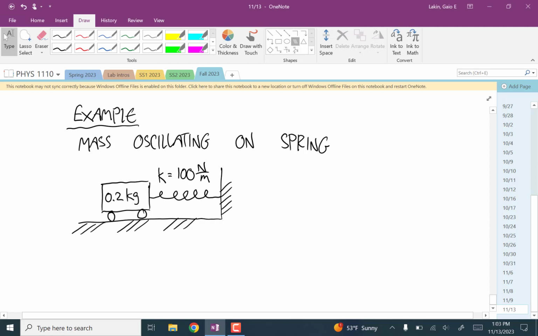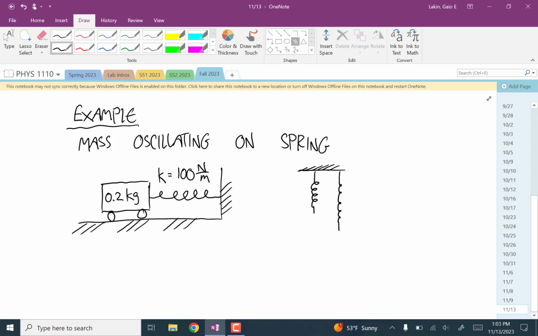So the way you would do that is, if that's the spring with no force applied to it, the way you'd come up with this spring constant, if you apply a force to it, it'll stretch, right?